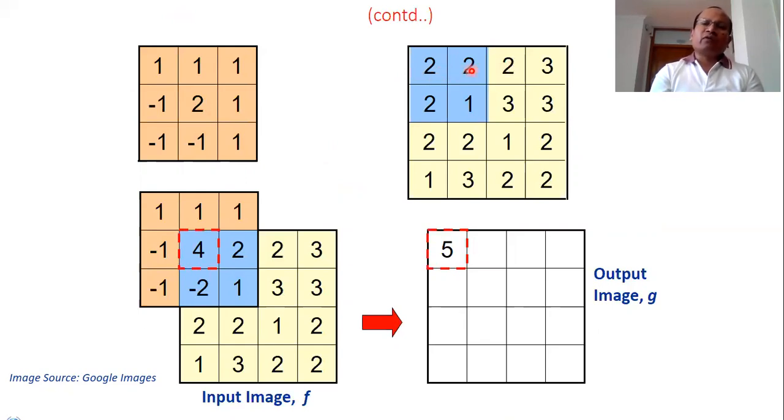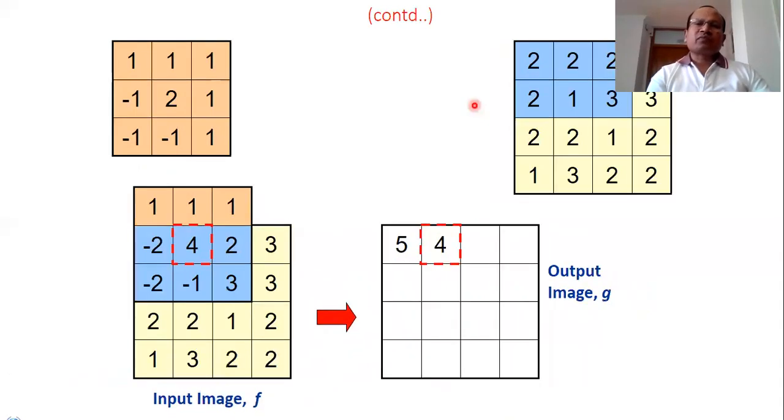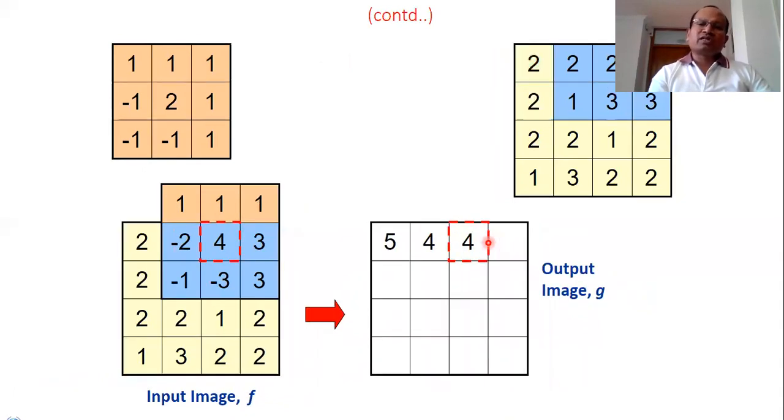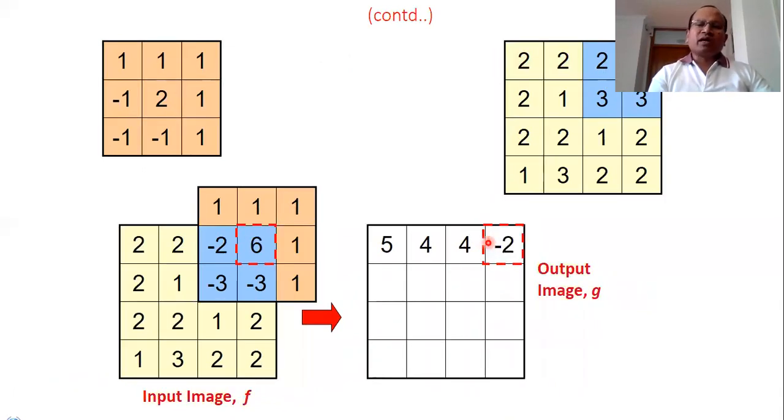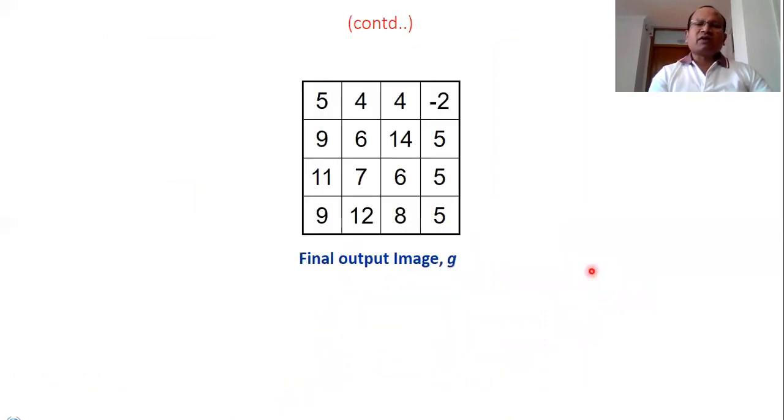There are four values, 4 cross 4. So accordingly, you can choose any central value and then assign the different possible values. If we calculate the next value, you will get 4. Then the next value, you will get 4. And similarly, you will get the output image G for all these pixels.